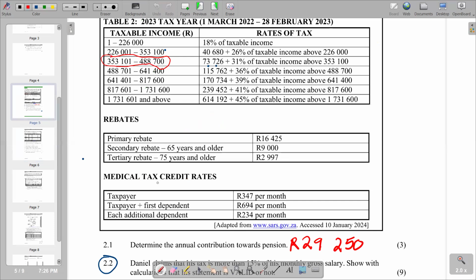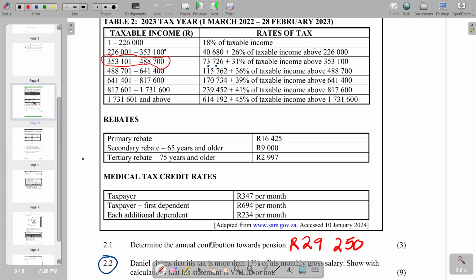We go there and try to see. Medical tax credit rates: taxpayer, 347 rands per month; taxpayer plus first dependent, 694 per month, which is 347 plus 347 to get 694. Then each additional dependent is 234 per month.